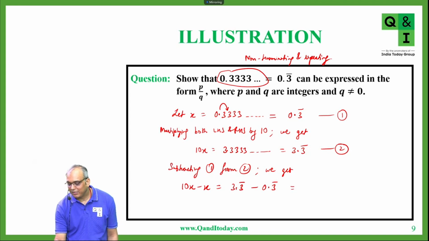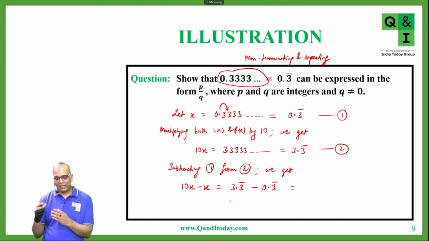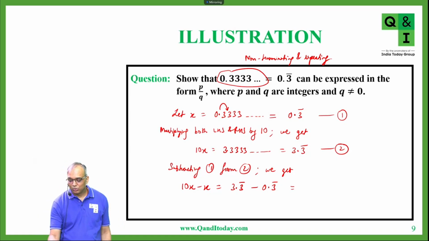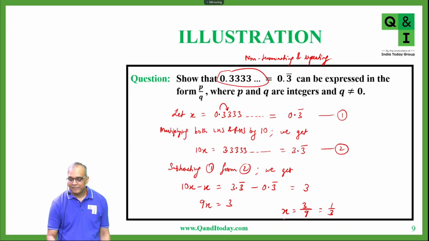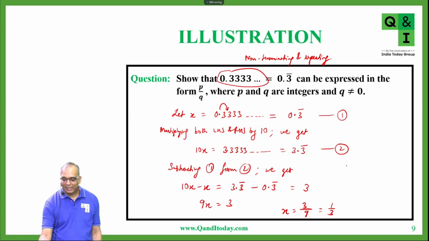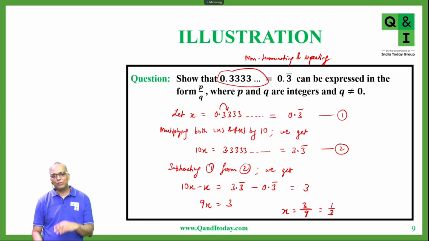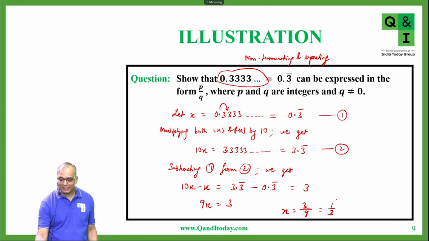Because the number after the decimal is the same, 0.3 bar gets cancelled. So you have 3 here. 10x minus x is 9x, which is equal to 3. So that means x will be equal to 3 over 9, which is 1 by 3. So the P by Q form of 0.3 bar is 1 by 3.